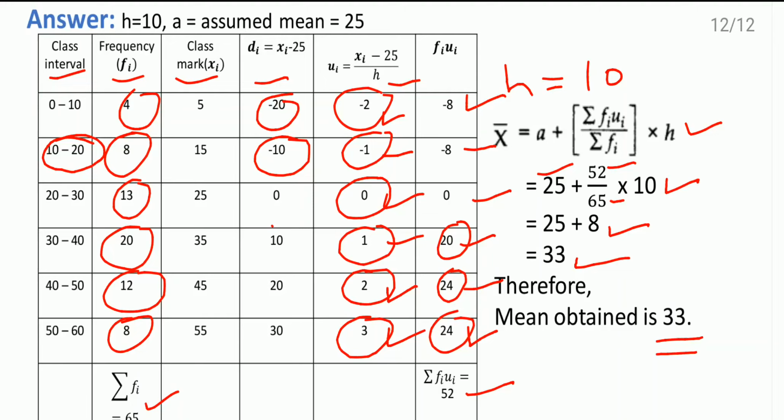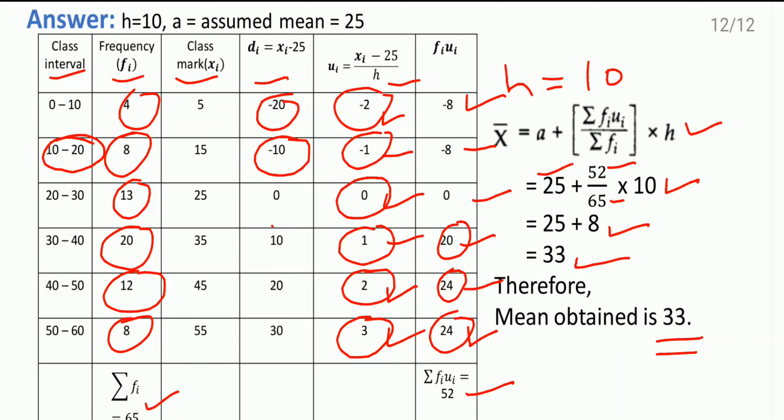It means that for grouped data, you can find the mean by the direct method, the assumed mean method, or the step deviation method. You will get the same answer. What is the difference here? The difference is that your calculation gets reduced in each case, right? If one mistake is there, that means the whole sum will go wrong.